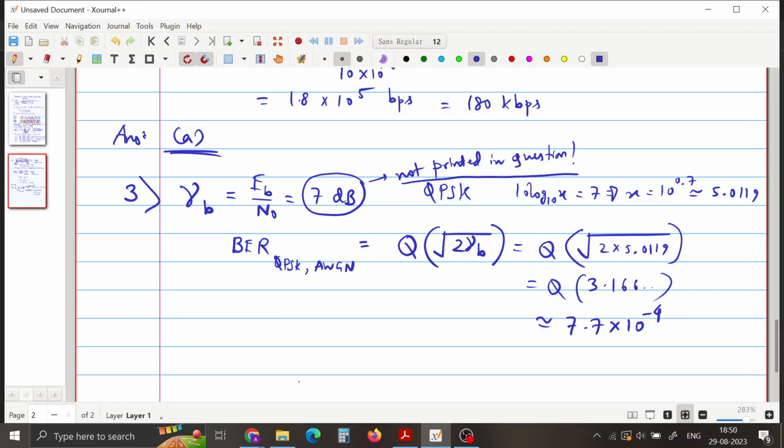Sir, how is that Q value calculated? Please show me. Okay, this value you can just refer to an online Q function calculator.